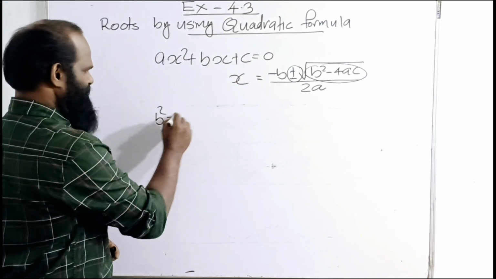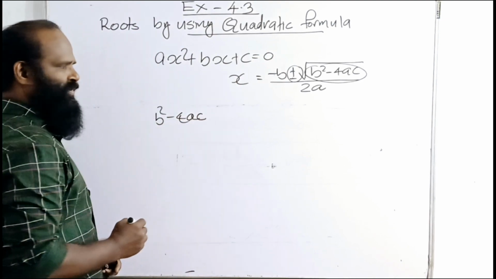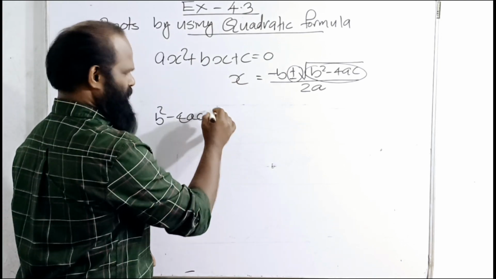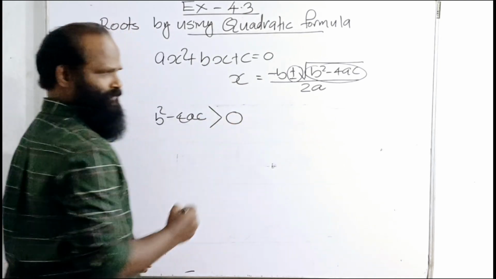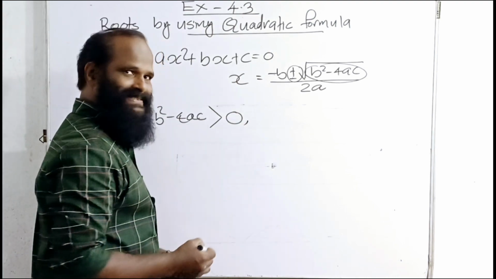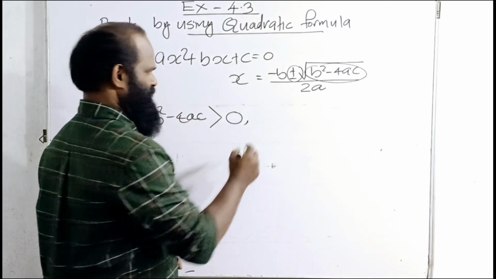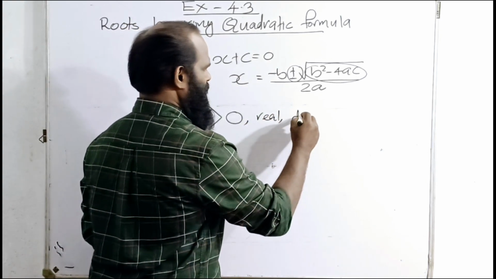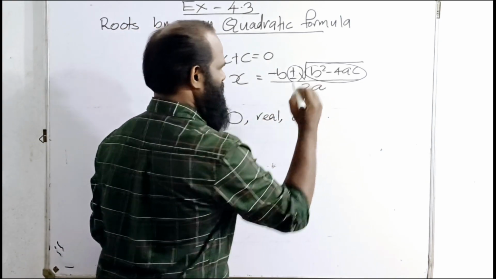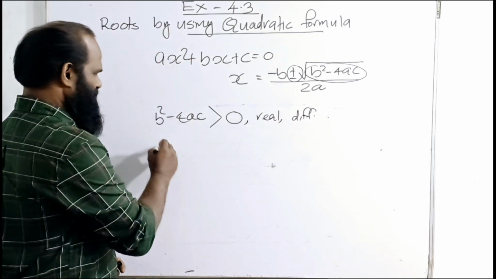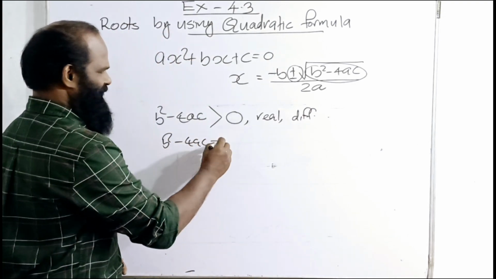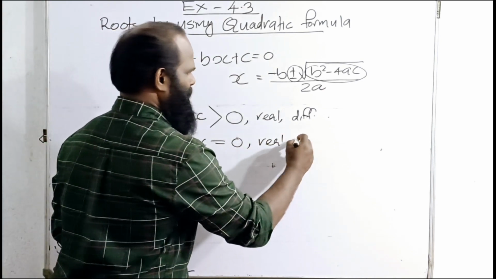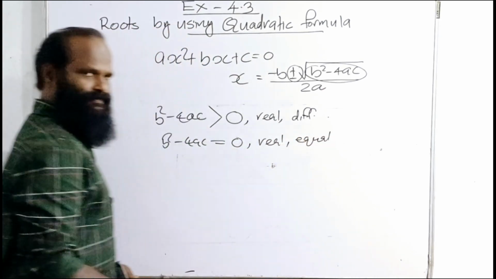If the value of b square minus 4ac is a positive value, that is greater than 0, then the values of x are two different numbers. So the values are real and different numbers. If b square minus 4ac is equal to 0, then also roots are real but values are equal.